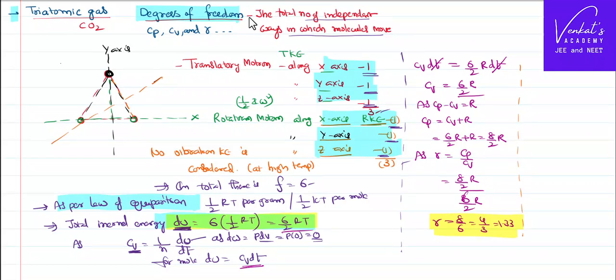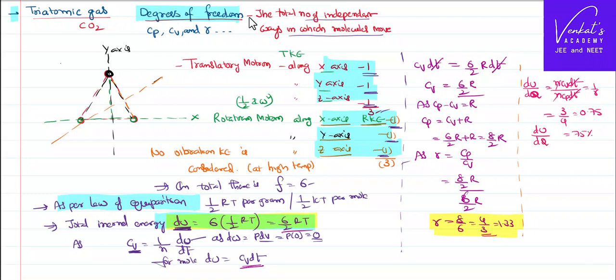Now I want to go a step further and discuss other aspects of it. Say for example, if I want to find dU by dQ, dU is n Cv dT as per definition. dQ is n Cp dT. The dT's cancel. Cv by Cp is 1 by gamma. So how much is that 1 by gamma? 3 by 4, or 0.75, or 75%.